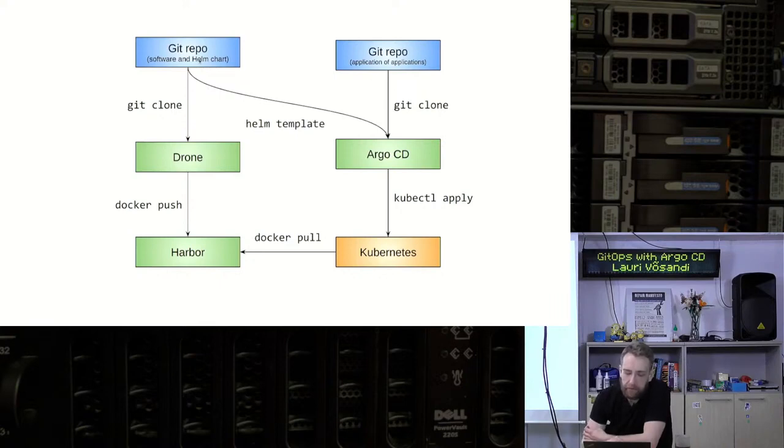But by putting the Helm chart into the software component repo, and by having it templatable, it becomes easier to actually install the component using the manifests that are generated by the Helm template based on the same repo.